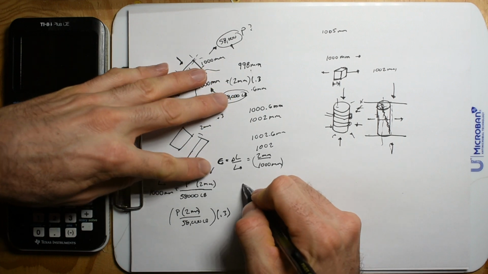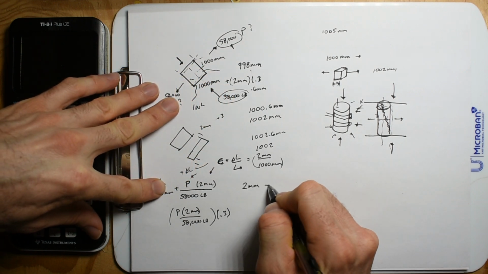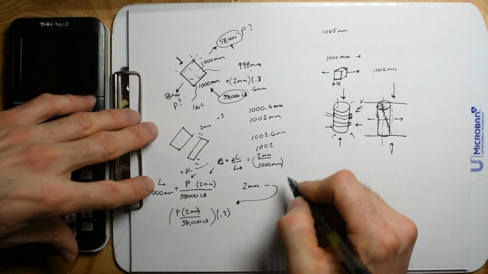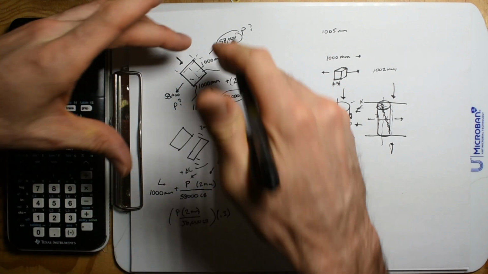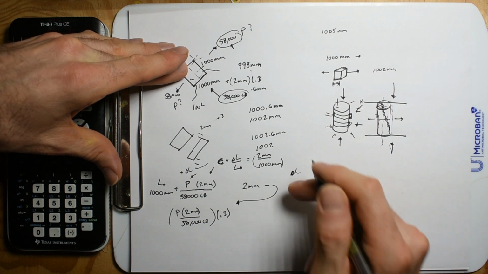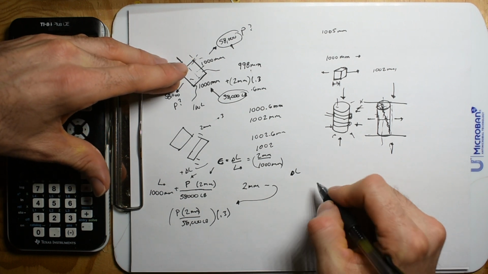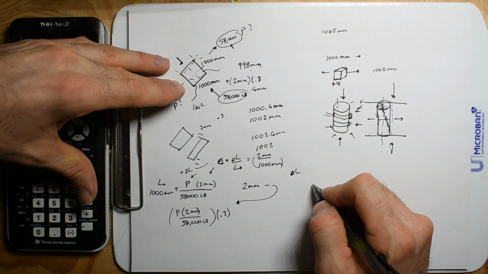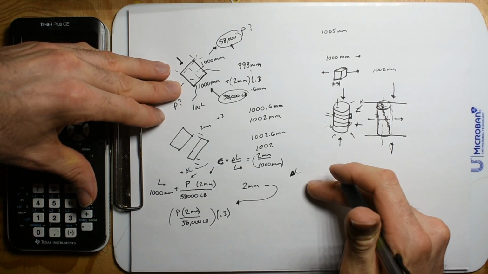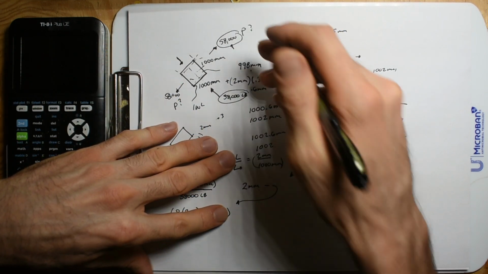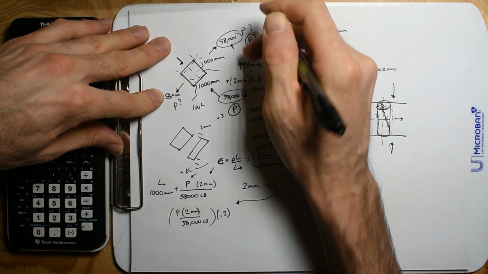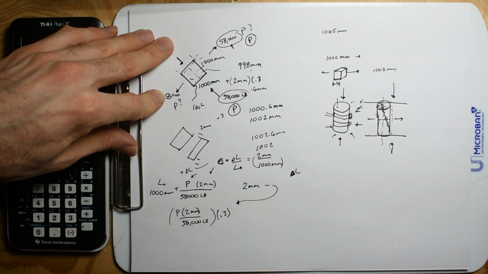So 2 millimeters minus this is going to be the remainder change in length that I can have up here. That load also has to be P. We want this to be P and then this to be the load P, these two loads being the same.